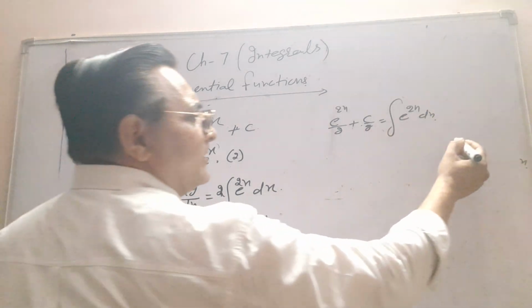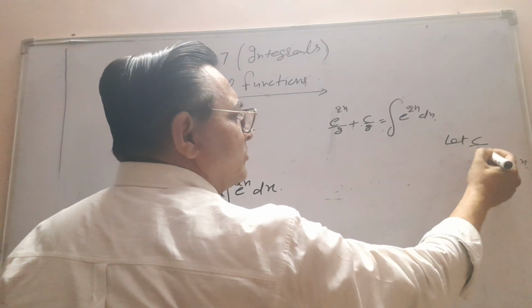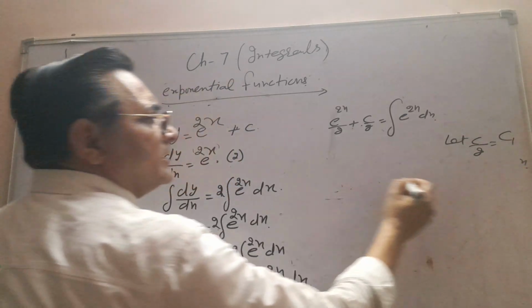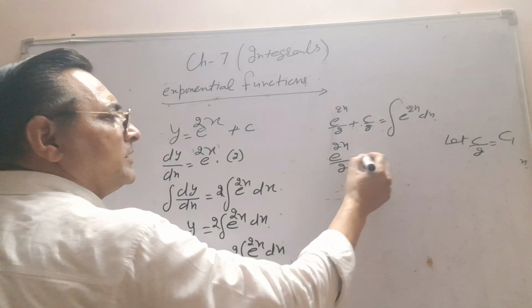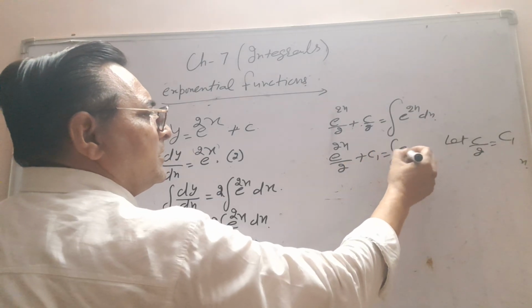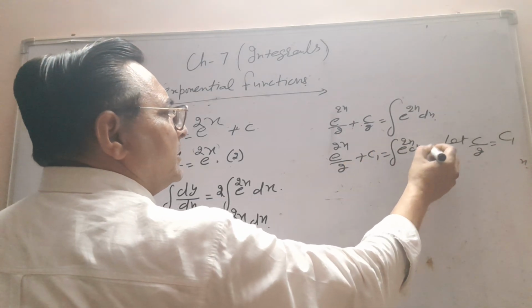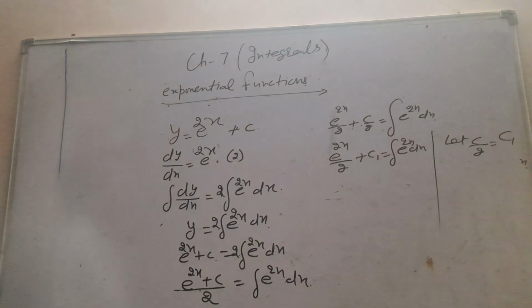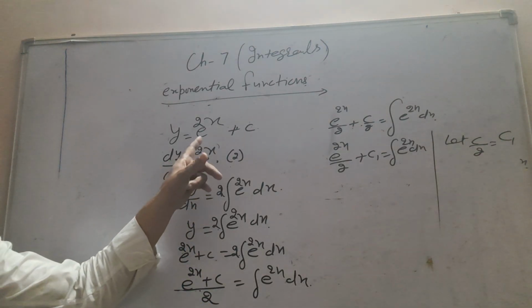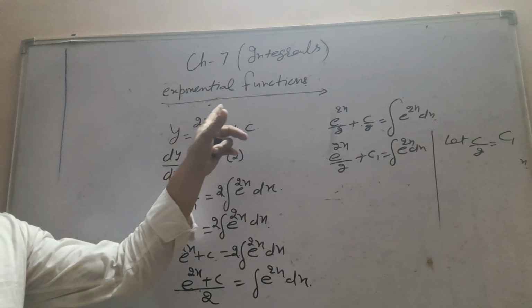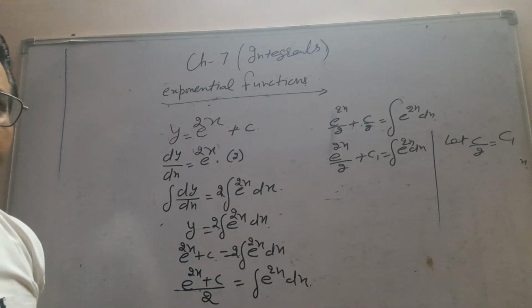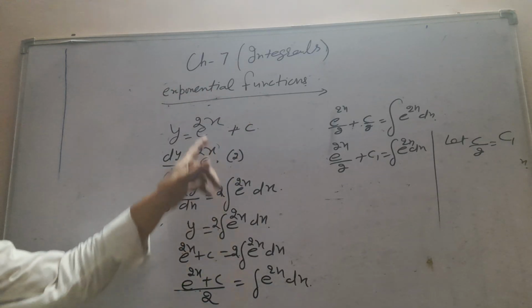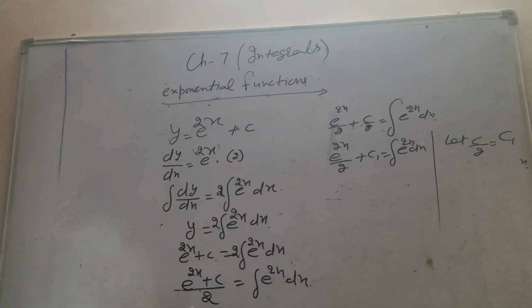You can write, let c by 2 be another constant, c1. So e power 2x by 2 plus c1 is equal to the integral of e power 2x dx. Which means, if there is any power in the exponential function, you have to take its derivative in the denominator.